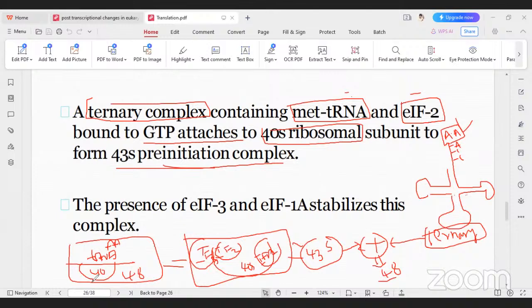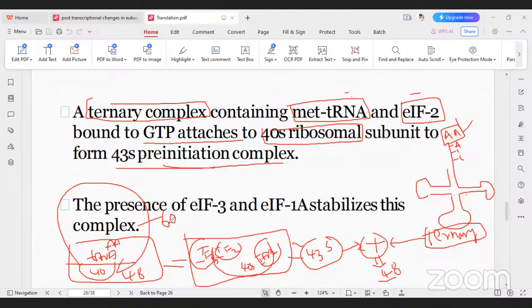Now the final one, what is the final? After 48S, 80S. Simply, the 60S subunit is attached to the 48S. This is 48S, attached by the 60S subunit.